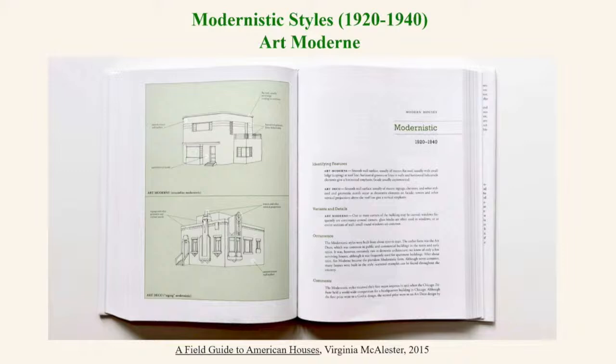Hence, the sharp angles and vertical emphasis of the Art Deco were replaced with simple aerodynamic curves and the horizontality of the Art Moderne. This later type emphasizes smooth surfaces, curving forms, long horizontal lines, and sometimes nautical elements. Cylindrical forms, long horizontal window groupings, glass block, and an emphasis on geometry are all hallmark features.